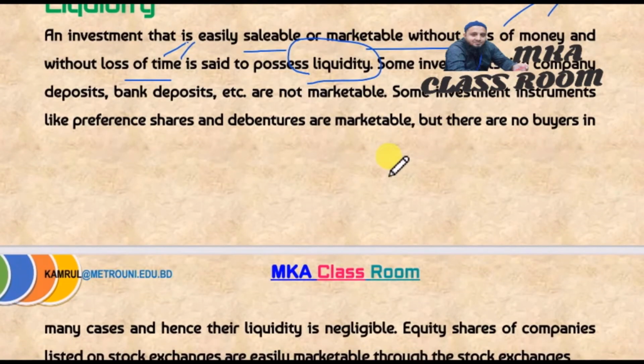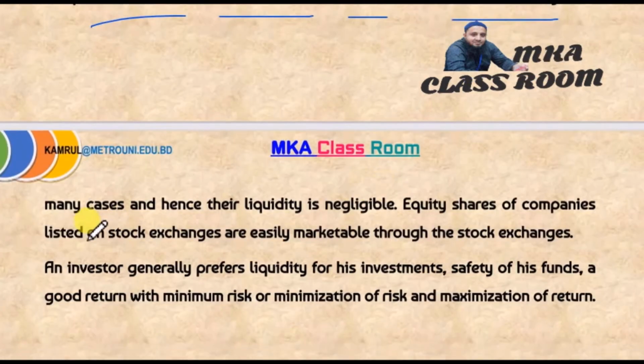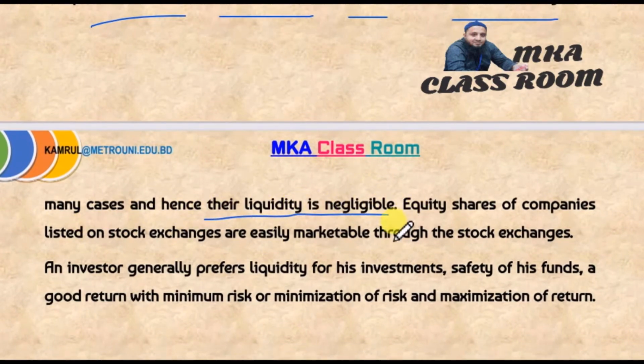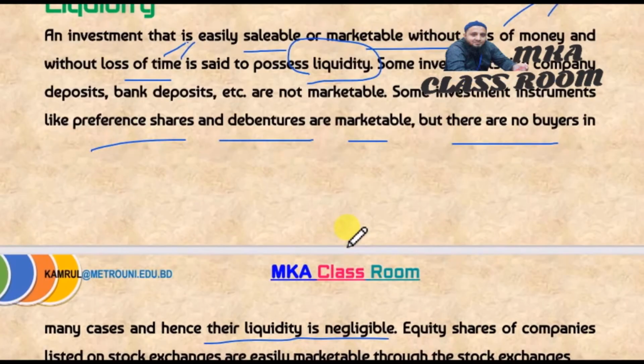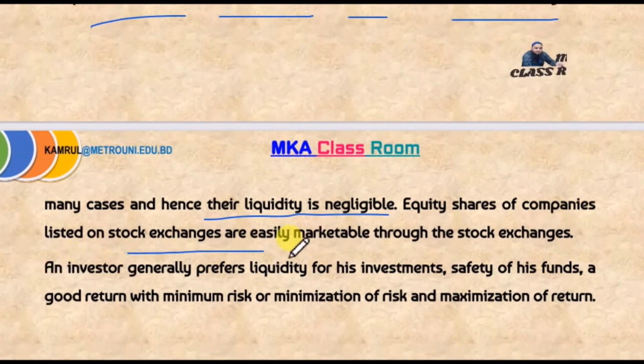Some investment instruments like preference shares and debentures are marketable, but there are no buyers in many cases, hence their liquidity is negligible. Equity shares of companies listed on a stock exchange are easily marketable through a stock exchange.